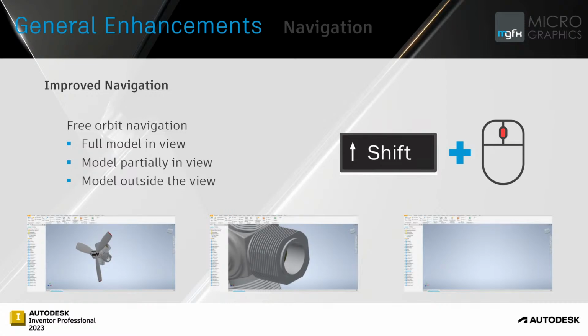Right? I took the liberty of putting little pictures of what those 3 things mean. So the first picture on the left, full model in view. Second picture will be model partially in view, and the last picture when the model is out of view. So the question is, how will it handle each of these cases?